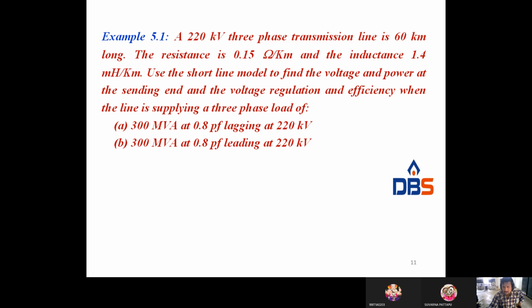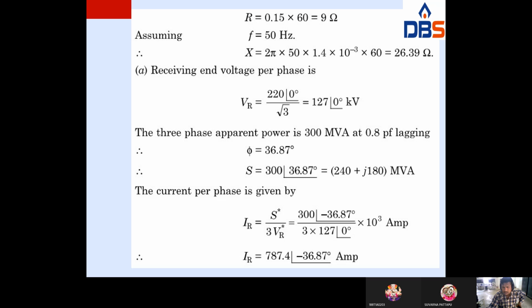The L value is 1.4 millihenry per kilometer, so for 60 kilometers it is 60 into 1.4. X is equal to 2 pi into 50 into 1.4 into 10 power minus 3 into 60, and that value is 26.39 ohms.